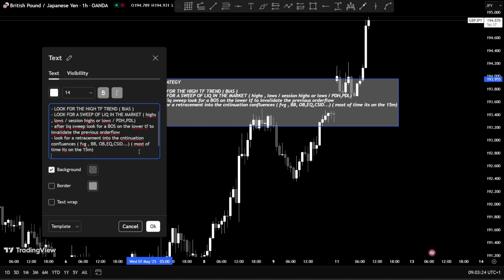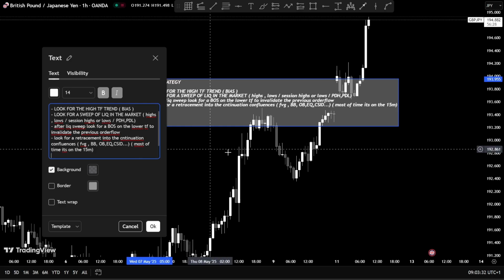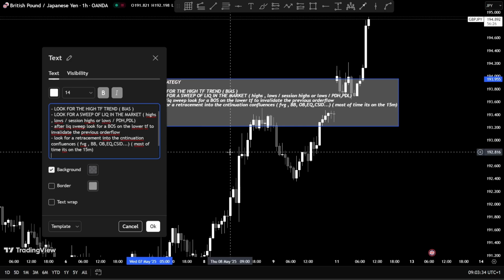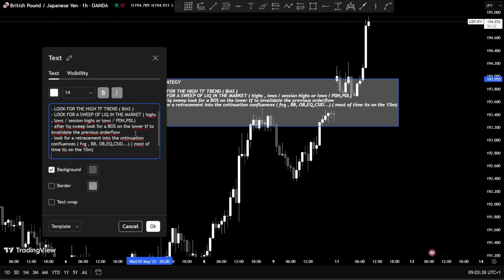All right, the next thing is you need to look for a reaction from the confluences. So let's say price retraces back into the continuation confluences, like after the break of structure right here, we come back into the continuation confluences, which is the fair value gap or the breaker block or whatever that is, and you now need to see the reaction from the continuation confluences itself.